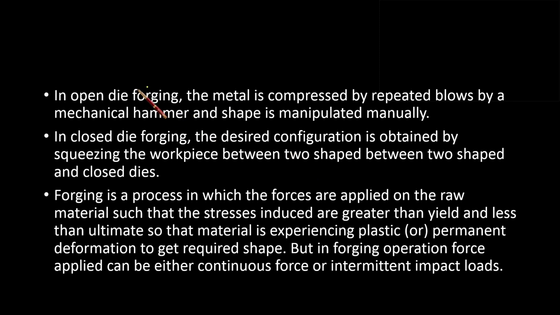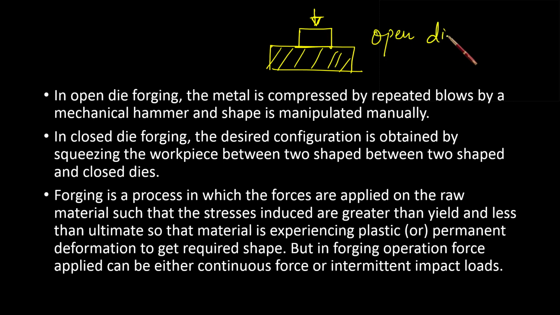What is open die forging and closed die forging? In open die forging, this is the platform on which the metallic piece is kept, and on this the pressure is applied. By applying pressure the shape is changed. This is known as open die forging.